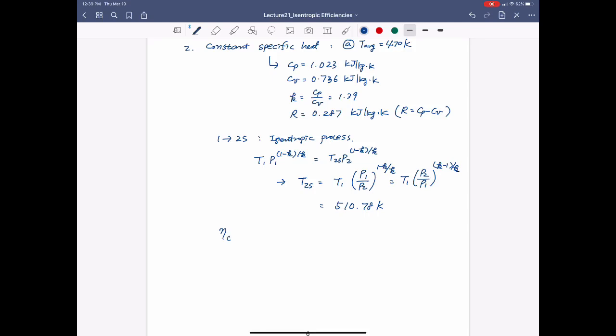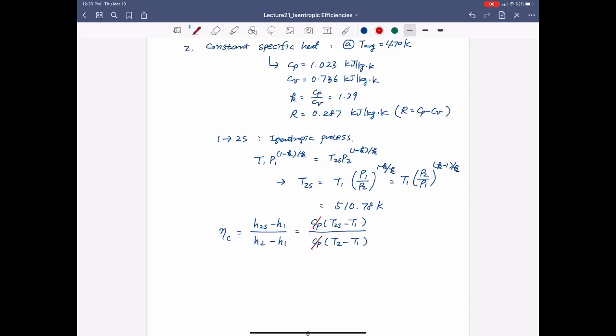Okay. Now, if you try to use the compressor efficiency, which is again H2S minus H1 divided by H2 minus H1. Because we use constant specific heats, H2S minus H1 can be written as Cp times (T2S minus T1) divided by Cp times (T2 minus T1). So Cp can be cancelled.